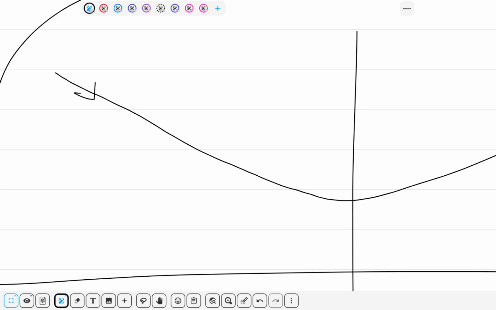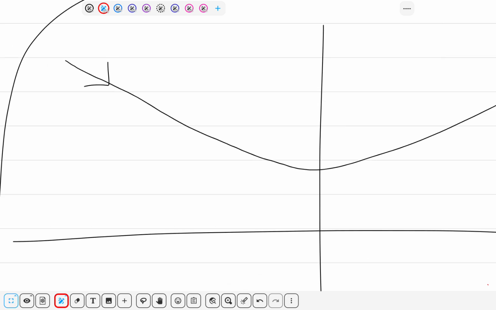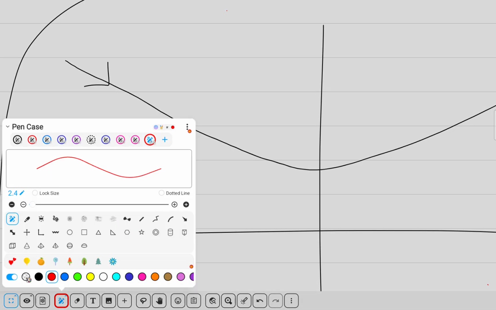Right? The thing about a hyperbola is you draw parallel lines.